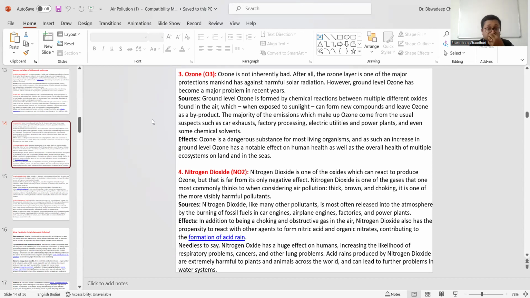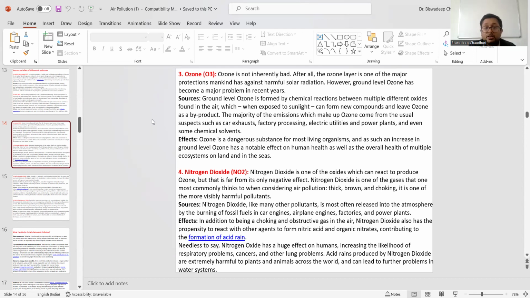However, ground level ozone is formed by chemical reactions between multiple different oxides found in air, which when exposed to sunlight can form new compounds and leave ozone as a byproduct.